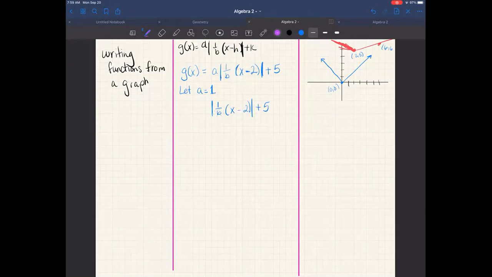So that means I'm going to replace, remember, I had my g(x) equals. I'm going to replace the y and the x with the point (6, 6), which is kind of easy, because it just means it's 6 equals absolute value 1 over B times (6 minus 2), plus 5. Okay, now I can go ahead and solve. The first thing I'm going to do is my parentheses. Remember, we have our PEMDAS.